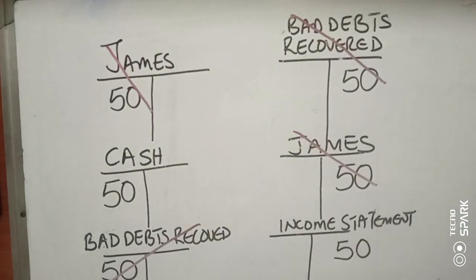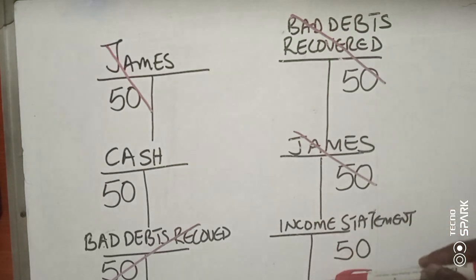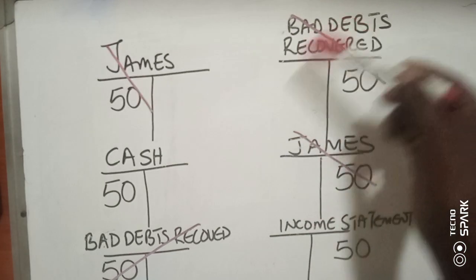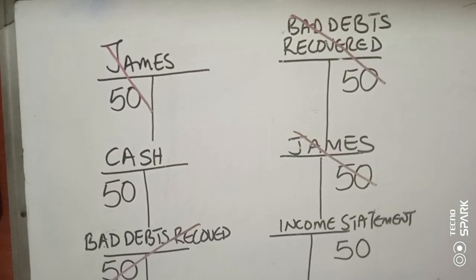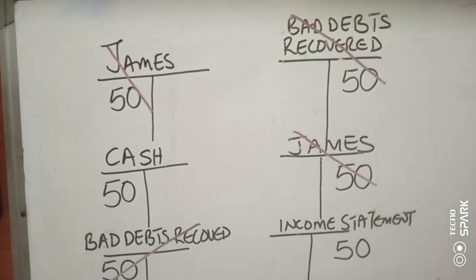So the bad debts recovered account is cancelled. Why? Because we have transferred this amount to the income statement. That's a closing transfer. So the bad debts account disappears and James' account also disappears, right?